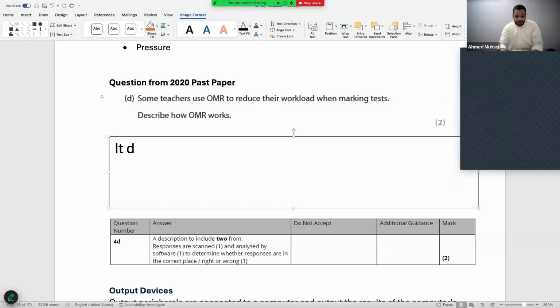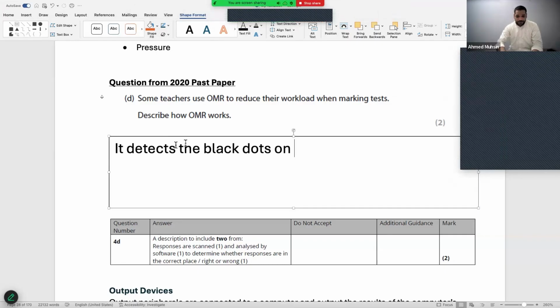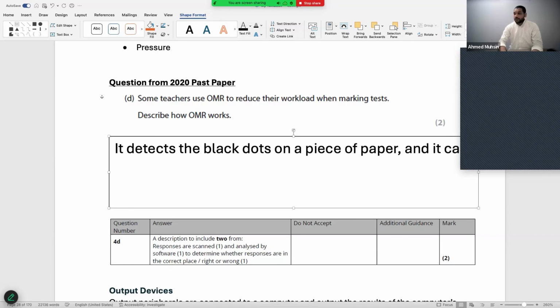Okay, it detects the black dots, you can say scans, the black dots on a piece of paper. By detecting these dots, what can it do?